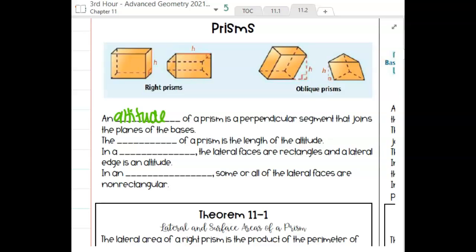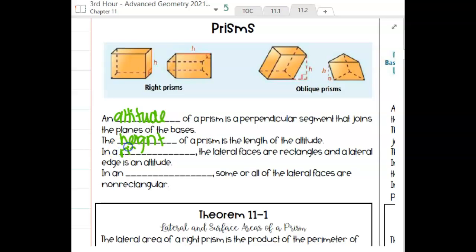Now the height of a prism is the length of the altitude. So you kind of think about those in the same way. The height of the prism, how tall is it? The altitude. Now we have two types of prisms. We're going to work mainly with just one of them.